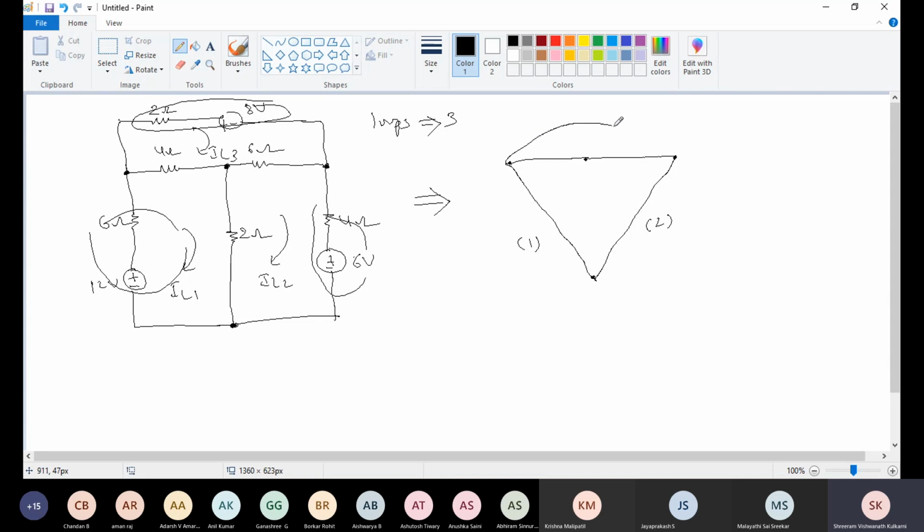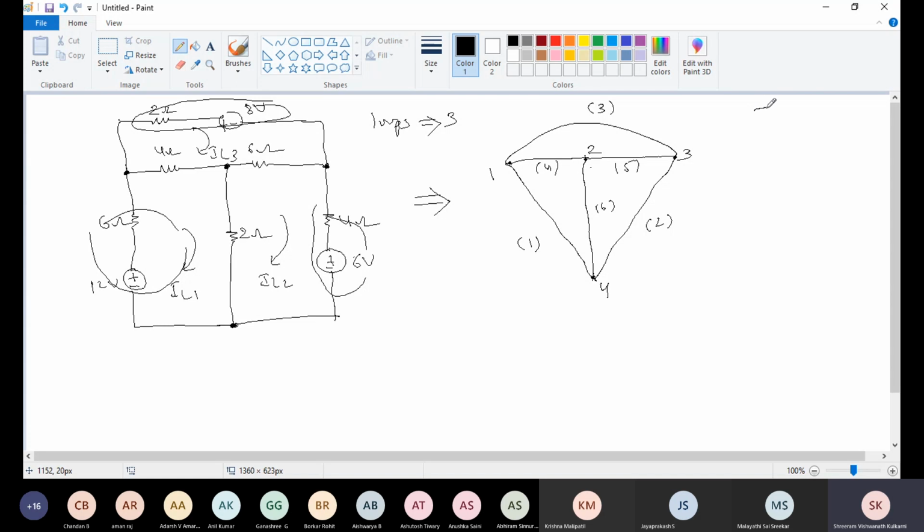Now this is branch 3, node 1, node 2, node 3, node 4. Okay, and this one is one branch, 2 to 4. Okay, 1 2 3, then 4 5 6.